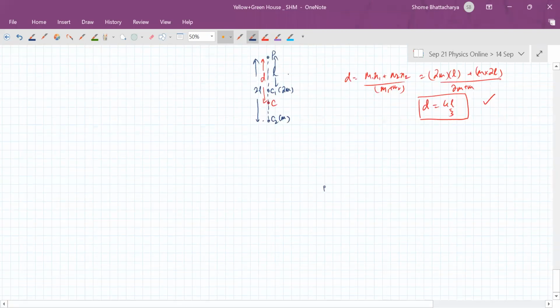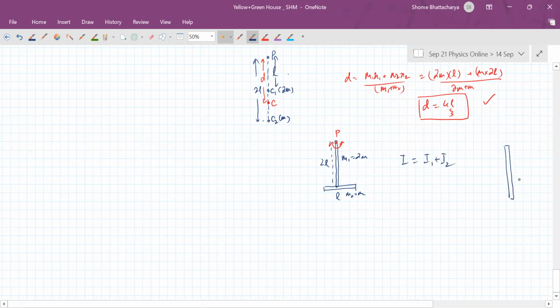Let's come down to the moment of inertia. So about this axis at P, moment of inertia will be moment of inertia of the first body plus moment of inertia of the second.